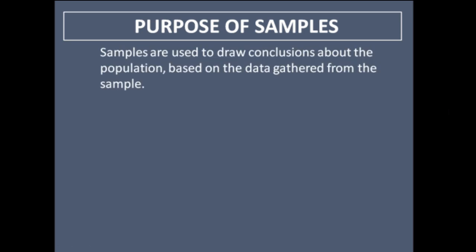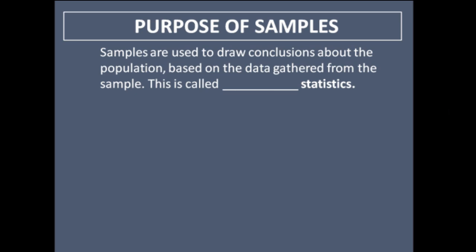First of all, the purpose of sampling is that when we take samples, we use that sample in order to draw conclusions about the population as a whole, based on the data that we've gathered within that sample. Now, if you remember, this is one of the types of statistics that we were talking about.